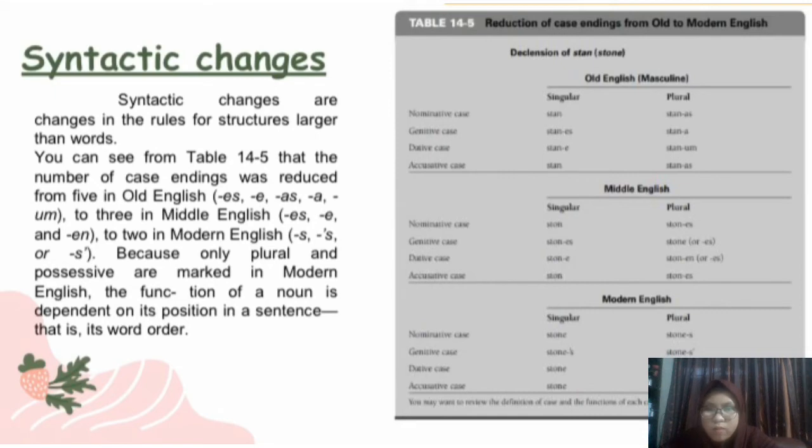You can see from table 4.5 that the number of case endings was reduced from 5 in Old English, for example, as E, R, S, A, to 3 in Middle English, S, A, and N, to 2 in modern English, S and plural S. Because only plural and possessive are marked in modern English, the function of a noun in a sentence is dependent on its position, that is, word order.